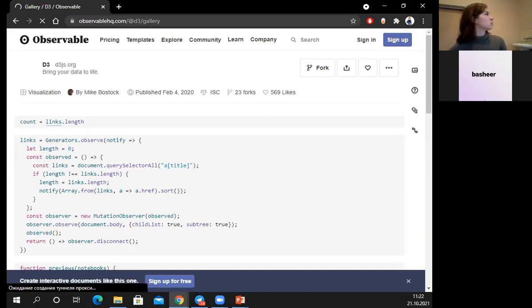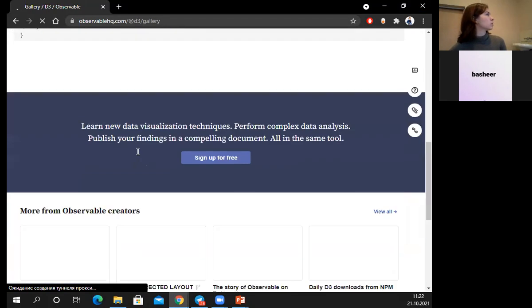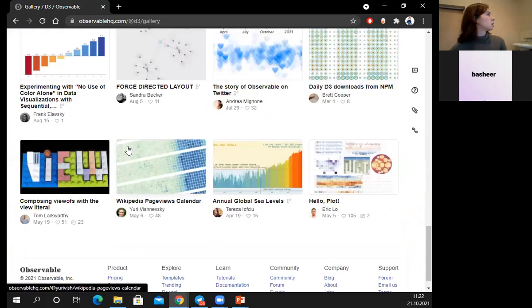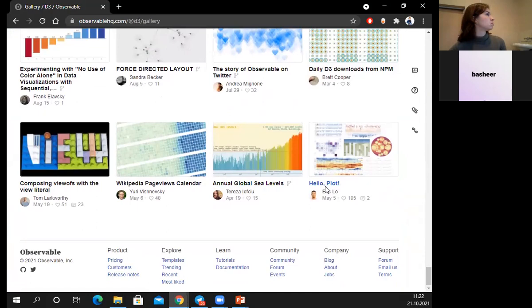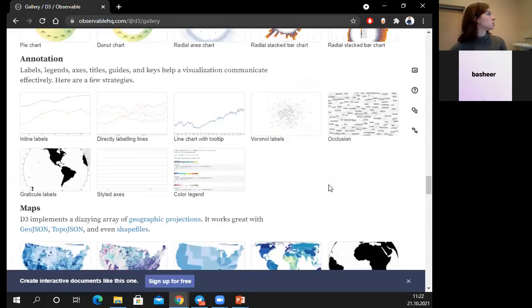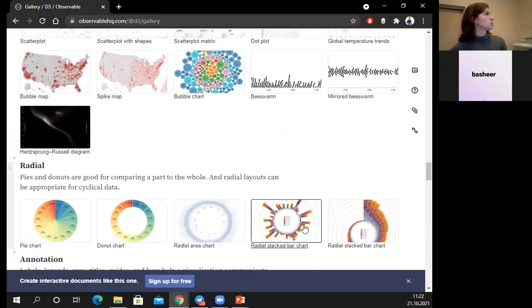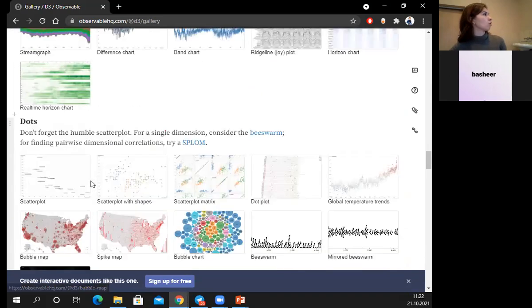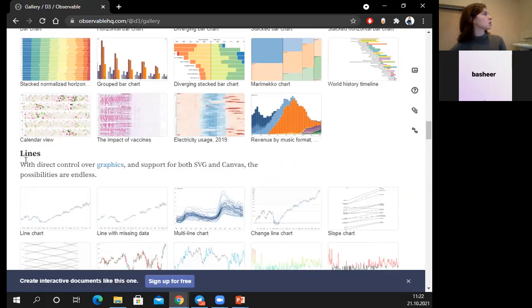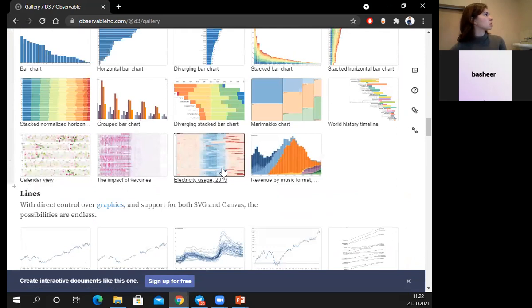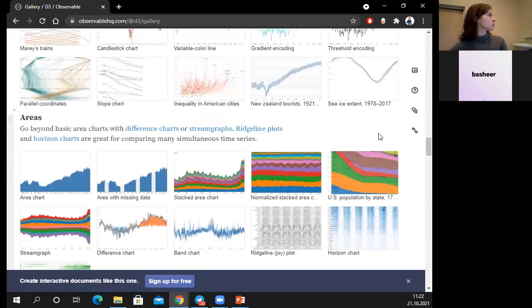So here will be the code for the example. Here, a lot of different types of plots. Yes, areas, lines, bars. Let's go to something interesting.